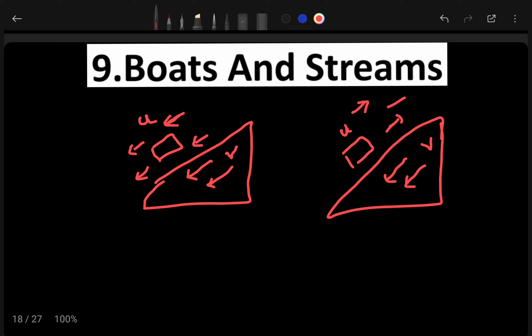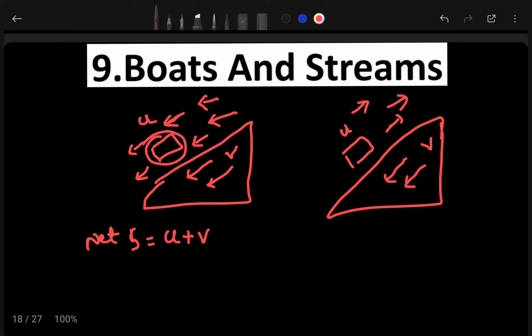Now we shall calculate net speed. What is net speed here? Simple, dude. Assume that you are in a boat, you are coming down, and the water is also pushing you down. Your net speed is going to be u plus v.